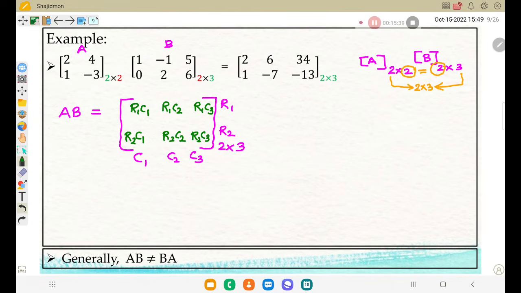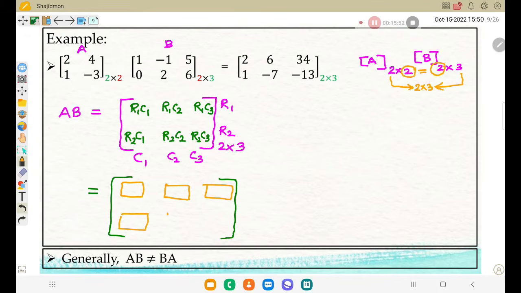So these 6 numbers we need to calculate, correct? We need to calculate them one by one.